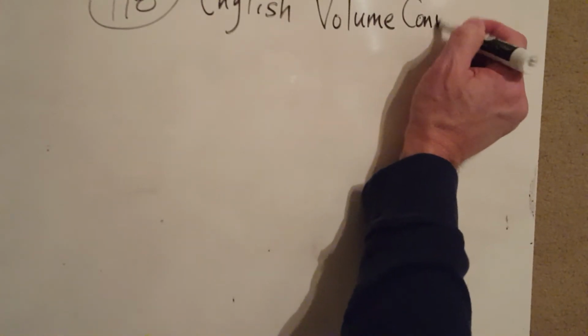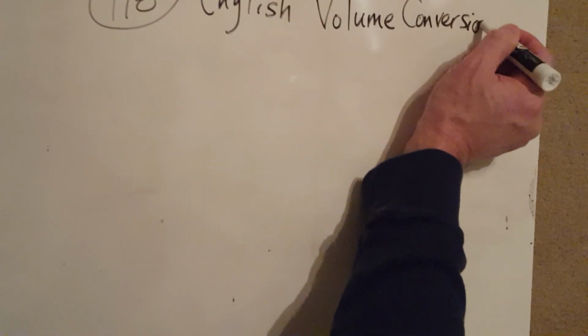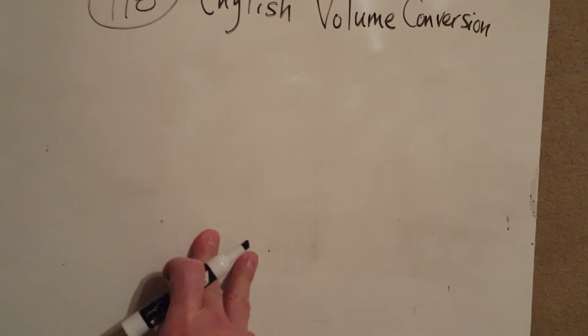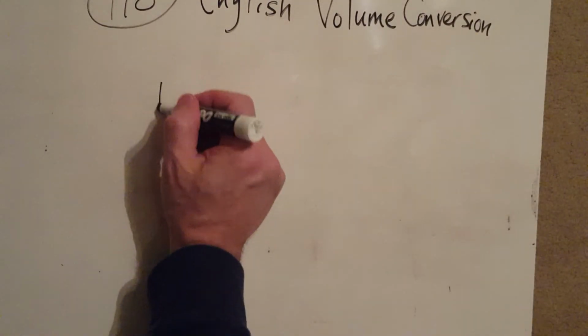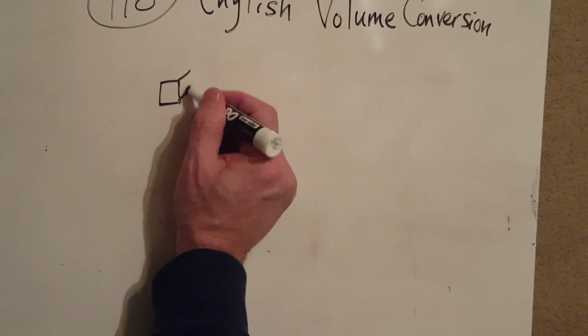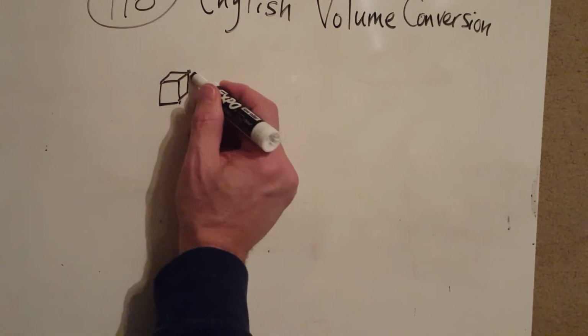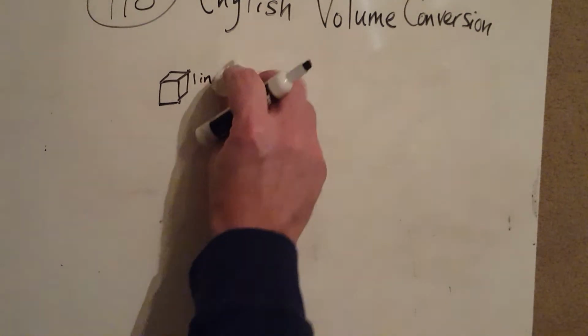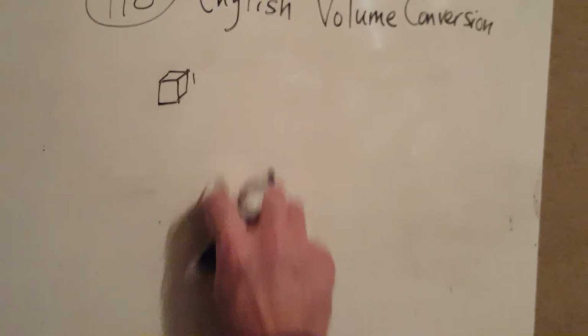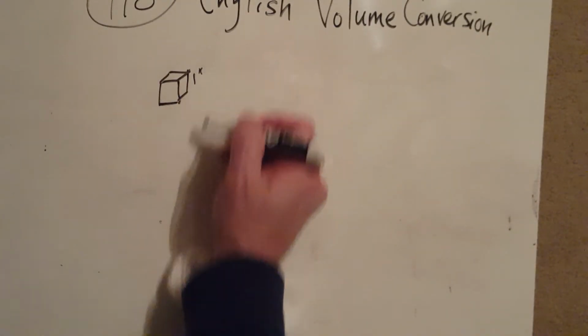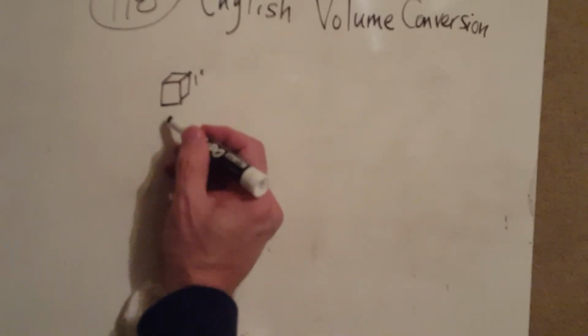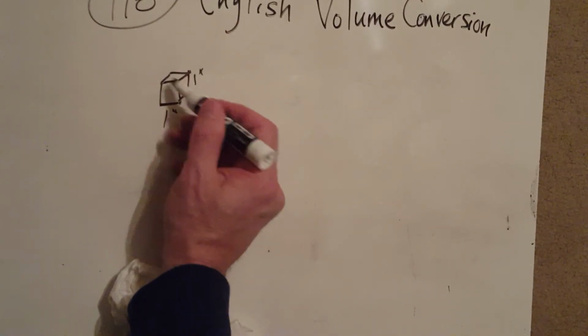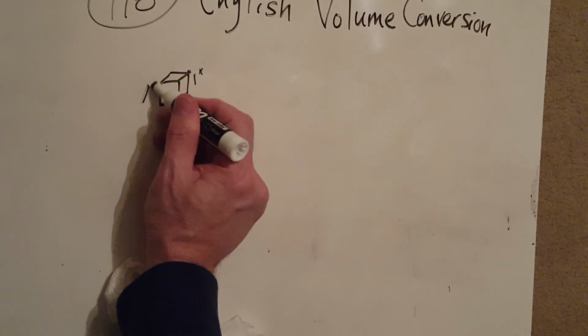conversion. Okay, so for example, if you want to find out how many cubic inches, remember that's a cube that is 1 inch on a side. Or you might see 1 inch as 2 little tick marks. 1 inch on a side. 1 inch, okay?